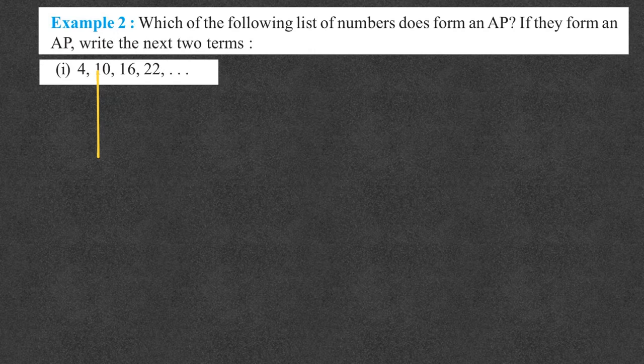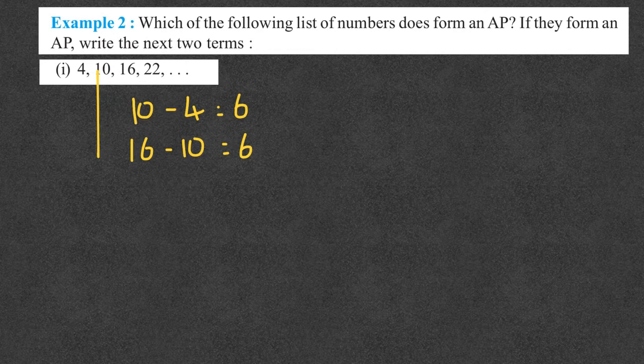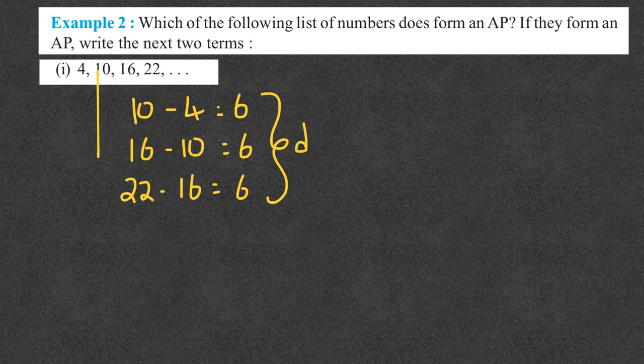Let's check it out. 10 minus 4 is 6. 16 minus 10 is 6. 22 minus 16 is also 6. That means the common difference remains the same throughout. So, this is an arithmetic progression.